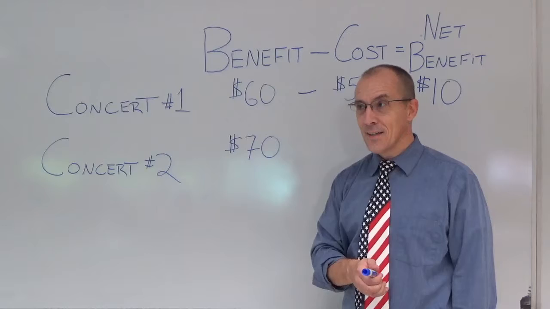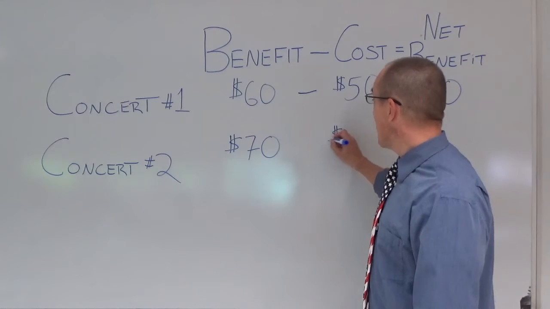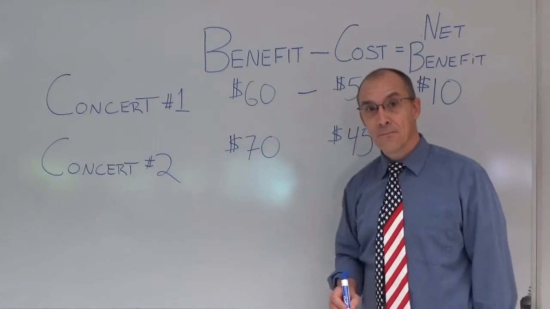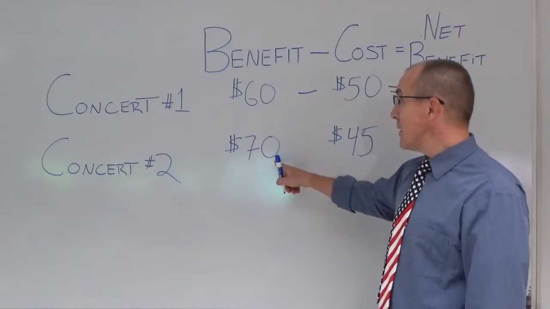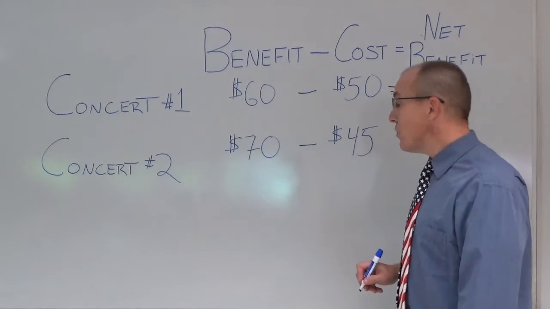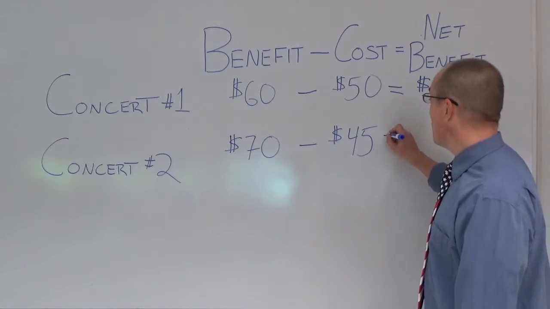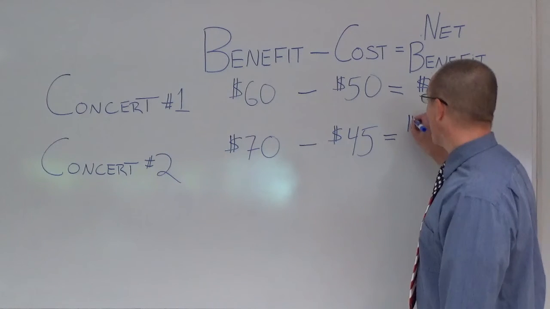More of a kick in the teeth is the fact that the tickets for that are only $45. You realize that, wow, if I went to this concert, I get a benefit of $70, I'd only have to pay $45. That's going to give me a net benefit of $25.